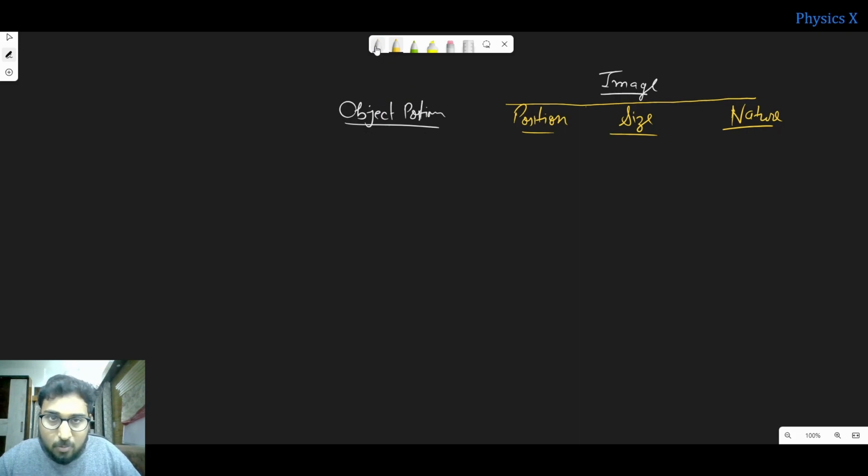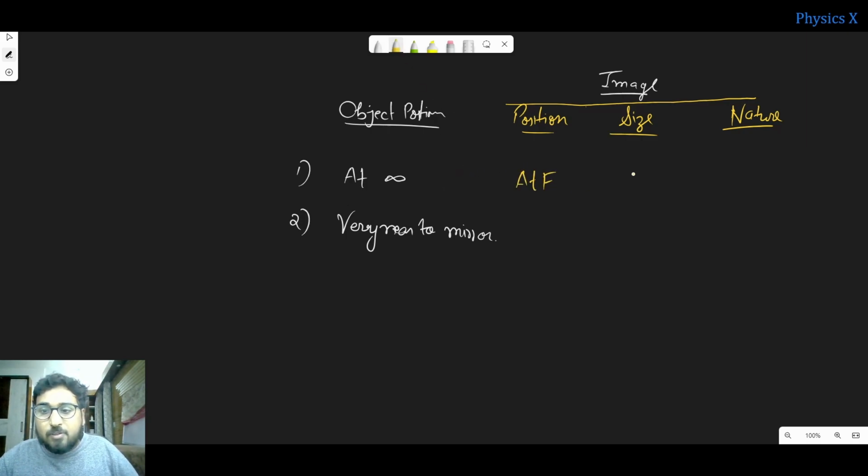So we consider two cases: when the object was at infinity, and the second case, very near to the mirror. What we observed in the first case, the position of image was at f, and the size was highly diminished. Very near to the mirror, we see the image between f and p, and the size was diminished. And in both the cases we saw that the nature was virtual and the image was erect.